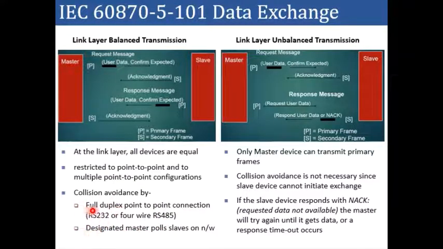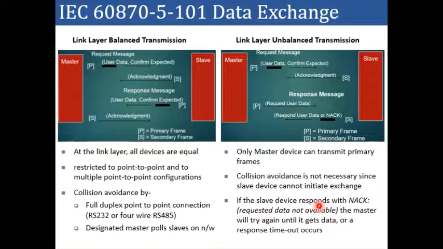And the other option to avoid the collision is that the designated master polls the slaves on the network to get the data. Now, in case of unbalanced data transmission, only the master device can transmit the primary frames. Collision avoidance is not required because only the master can initiate the process and the slave cannot initiate any data exchange.